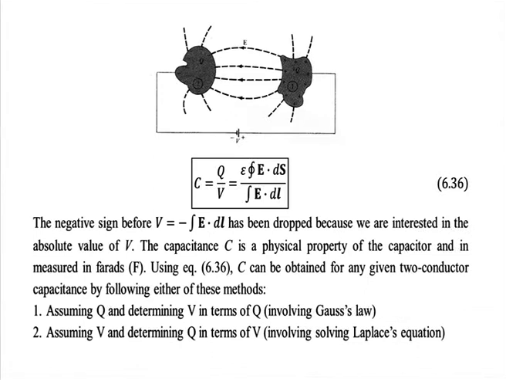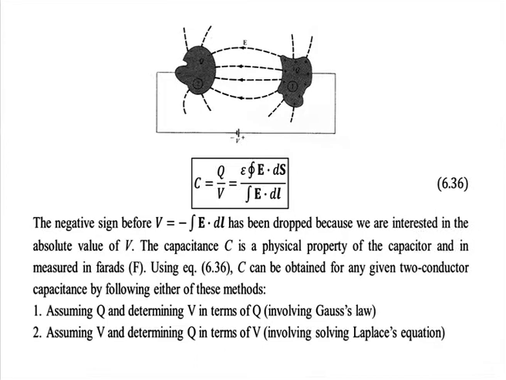then the capacitance can be equated to Q by V, which is given by the closed surface integral of D dot dS upon the line integral of E dot dl. The negative sign before V is equal to minus E dot dl has been dropped deliberately because we are interested only in the absolute value of V. The capacitance C can be obtained for any given two conductor capacitor by following either of the two methods given below.